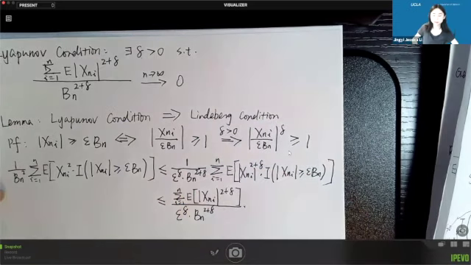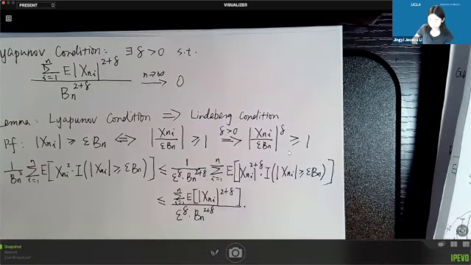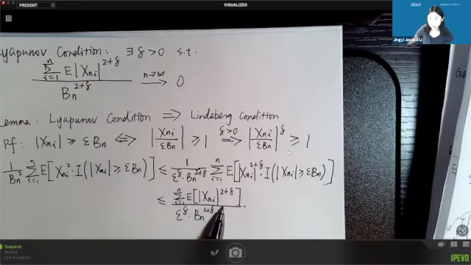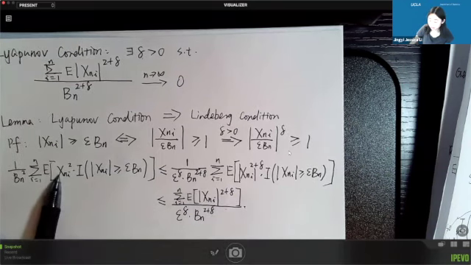I can drop the indicator by changing it to 1. And that's it. Therefore, you see that if I can show for at least one delta the right-hand side is going to 0, then this is going to 0 for any epsilon. And that's the Lindeberg condition.